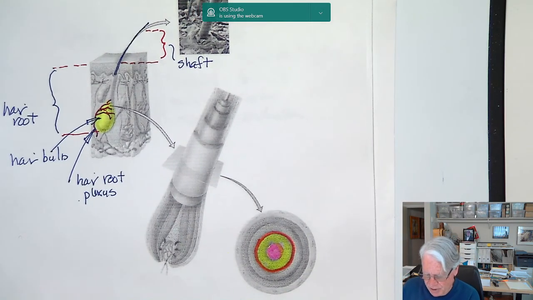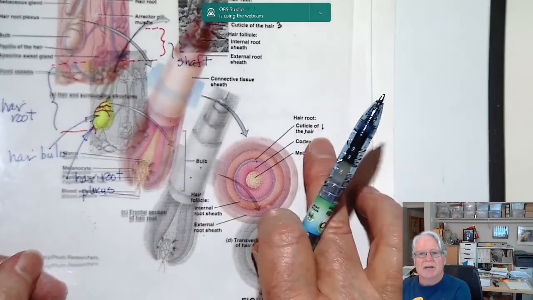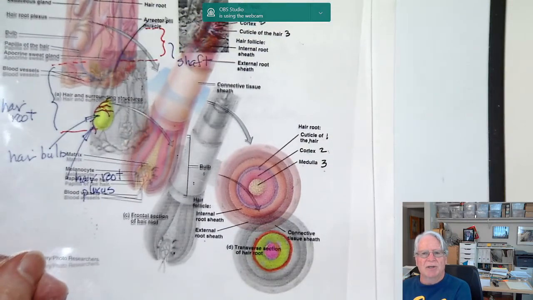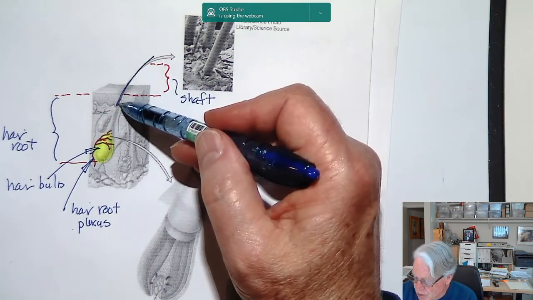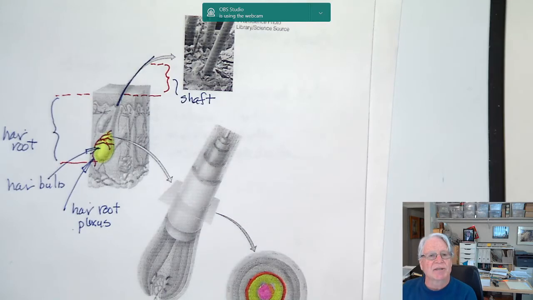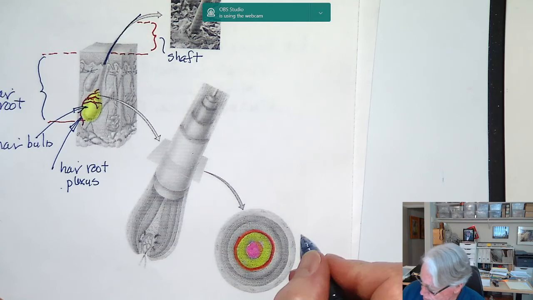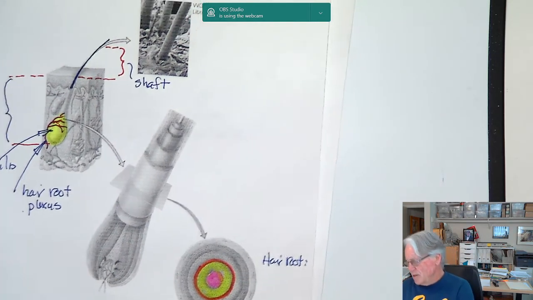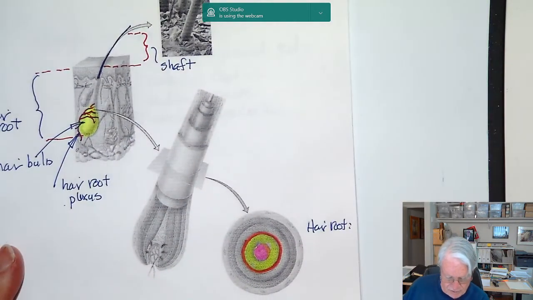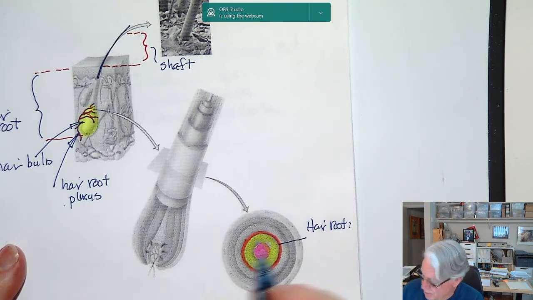So how are we going to identify these 3 layers? Let's see, the textbook simply calls them the hair root, as you can see. So why don't we just be consistent with the textbook? Just be aware that that includes what we're also identifying as the shaft. Okay, so let's just lay that out there. So we're talking about the hair root, and we have the outer layer, and that's our cuticle.